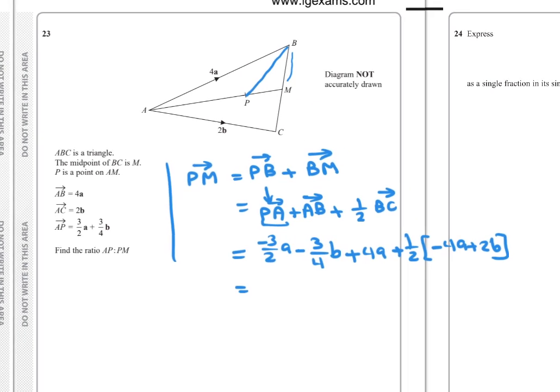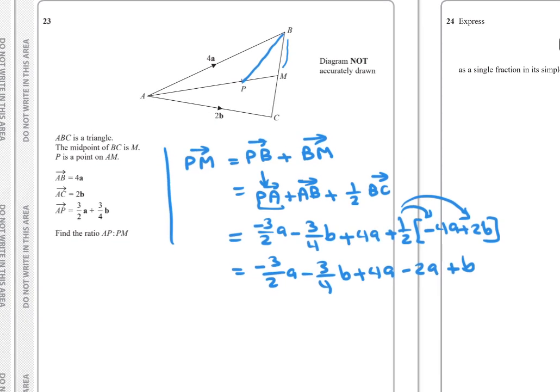Now we need to simplify. So negative 3 over 2A minus 3 over 4B plus 4A. Half times negative 4 is negative 2, so negative 2A. Half times 2B is 1B or plus B. Find the like terms. We have negative 3 over 2A, we have 4A, we have negative 2A.